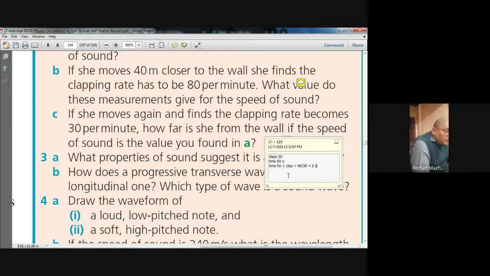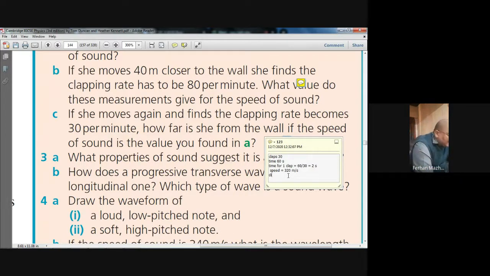Okay. He said the speed of the sound is that which you found in the A part, which was 320 meter per second. So I have to use that speed. I know the time for the sound wave to go and come back.